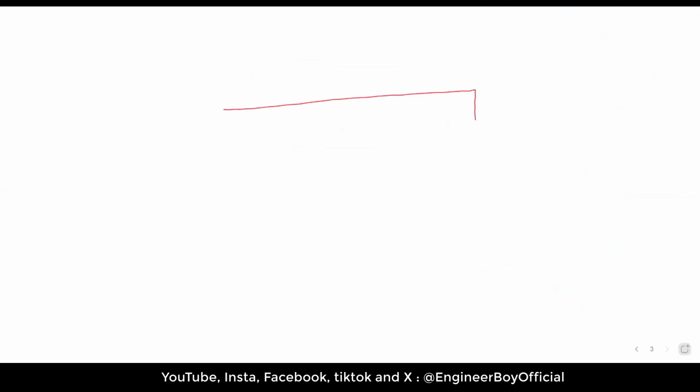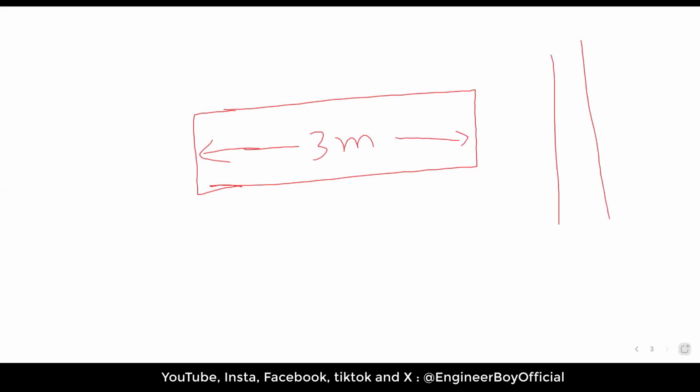Let's say we have a straight wall. What do you say about this now? If we have a straight wall and the length of the straight wall is 3 meters, and we have a cross section of the same wall, and let's say the cross section is 60 centimeters wide, and the thickness of the wall, let's say this is 20 centimeters.